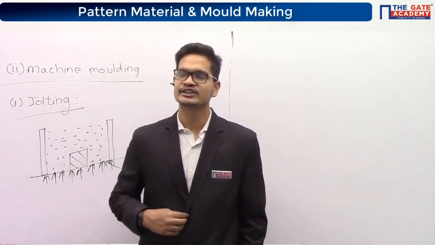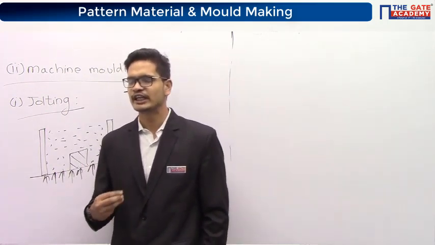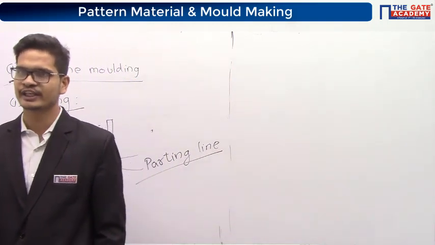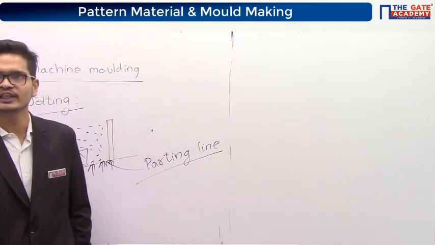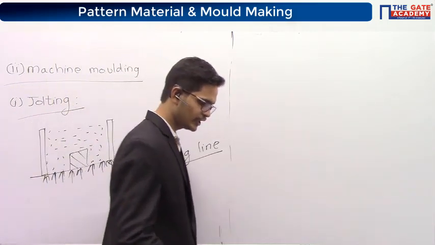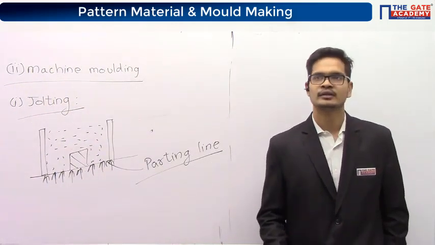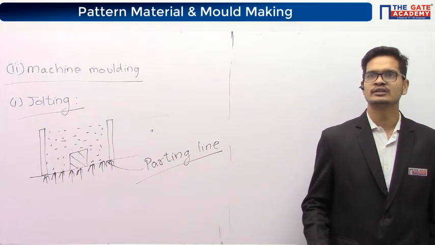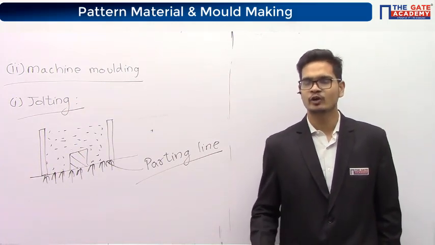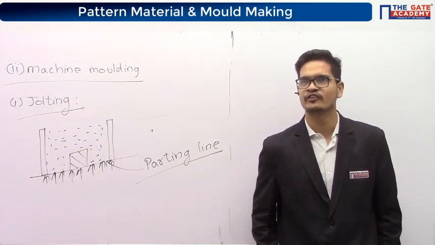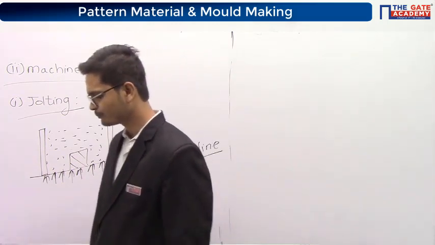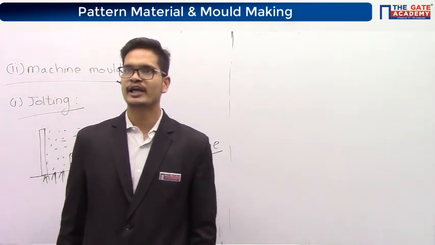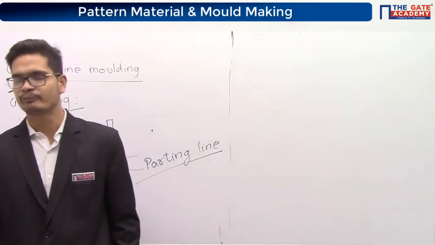In jolting, a sand-filled mold is raised to a certain height, and then it is allowed to fall freely. Because of this, the potential energy gets converted into impact energy, and packing of sand takes place.